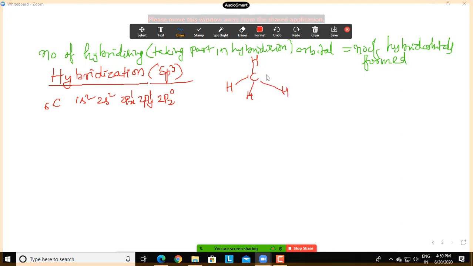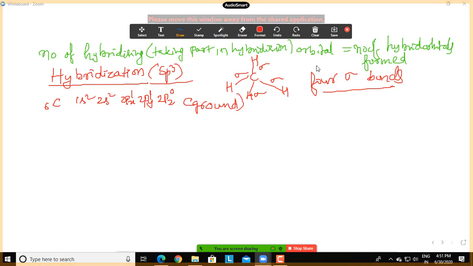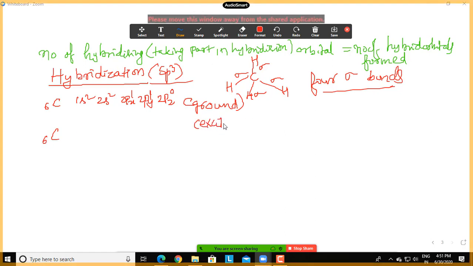Carbon is making 4 sigma bonds, because it forms single bonds: sigma, sigma, sigma, sigma. So carbon has only 2 unpaired electrons, so in the ground state carbon will not be eligible to form a CH4 molecule. So carbon in the excited state will form bonds.